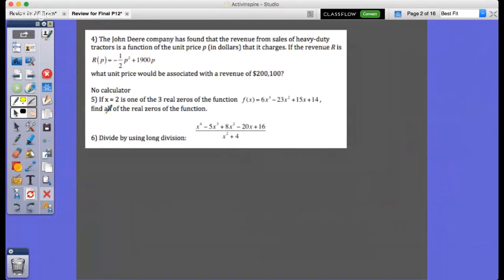On this one, it's a no calculator one, right? Because what's the first 0? 2, it's given to you, right? So what am I going to do in order to execute that? Synthetic. And we're going to plug that in, right? So we're going to put 2 in for synthetic, by plugging it in, exactly. And once I do that, what would my remainder be?